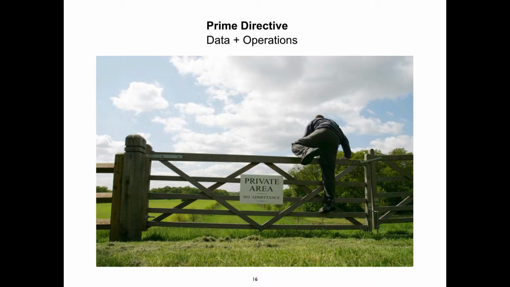And now the strategy pattern is going to break that by saying, okay, I want to be able to change some part of the behavior, and so I'm going to separate out the algorithm from the data. So we're breaking the prime directive to give us flexibility, but it comes with a cost. And the cost is the data is over there and the operation is here.